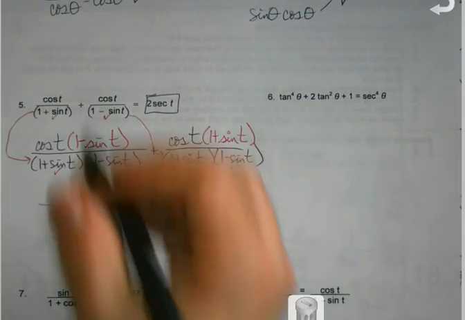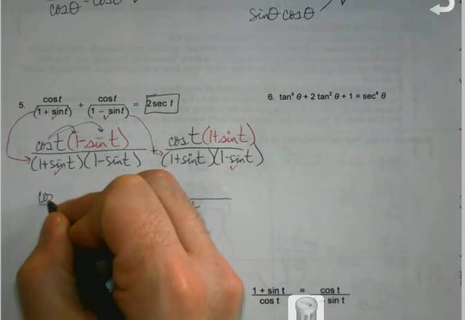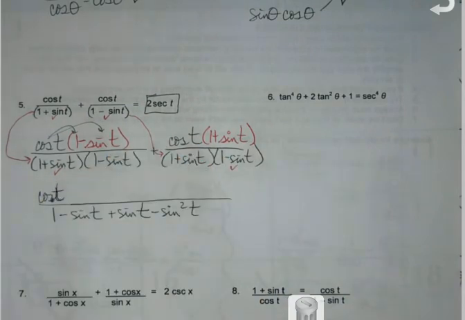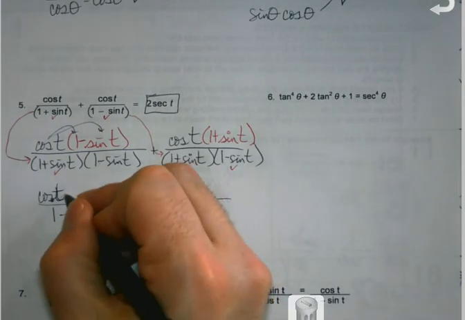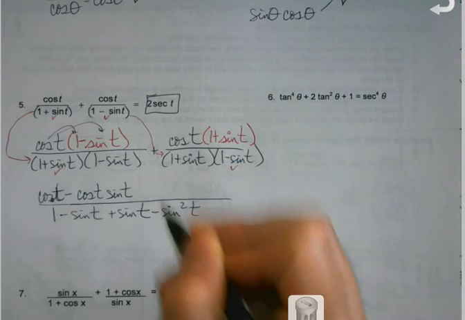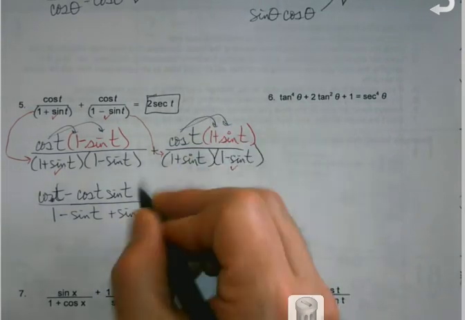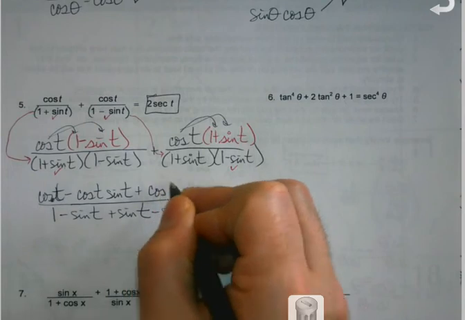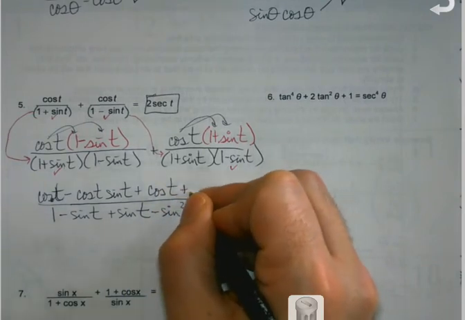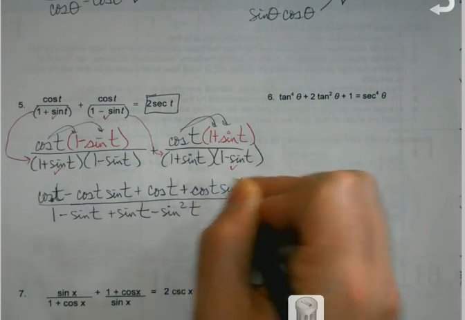And then my numerator, when I distribute that through, oops, not cost, cosine of t, minus cosine of t, sine of t, and then we'll do the same thing over here. Plus cosine of t plus cosine of t, sine of t.